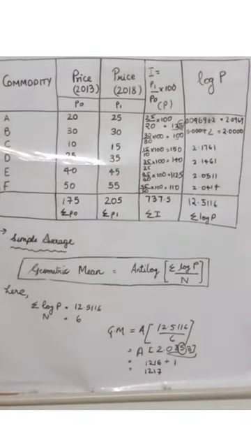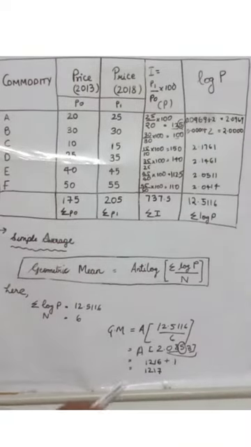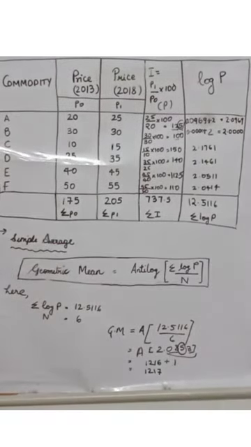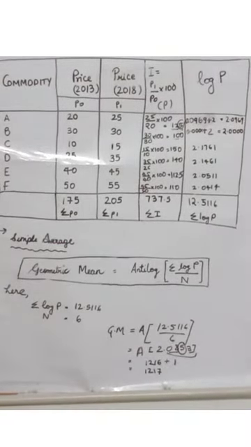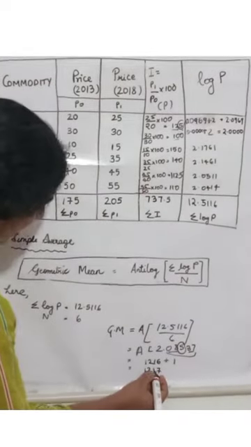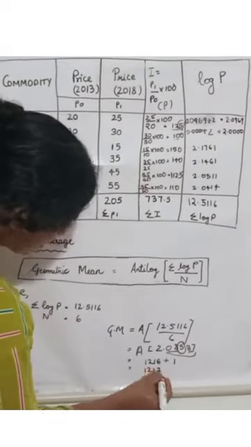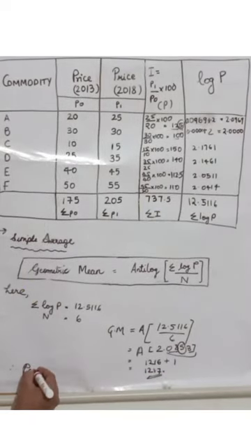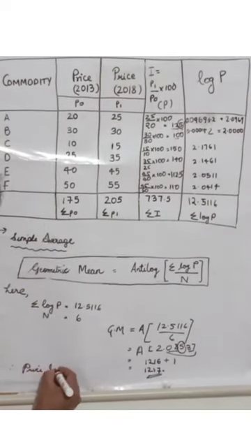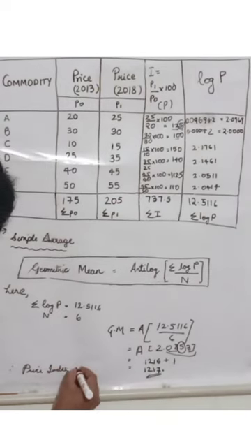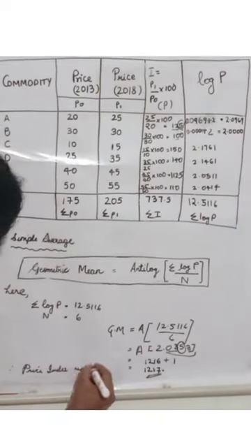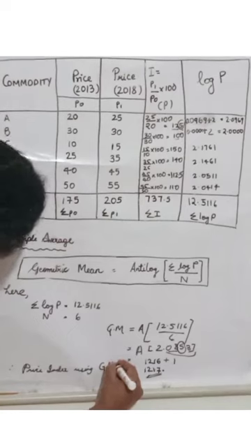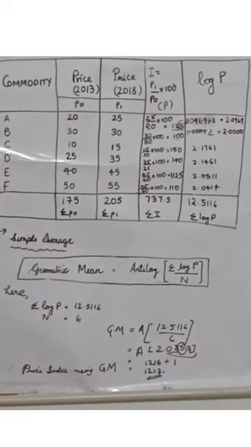Now we have to put the decimal point. Before the decimal point, the digit is 2, so the decimal will come as 121.7. So this is our price index using the geometric mean method.